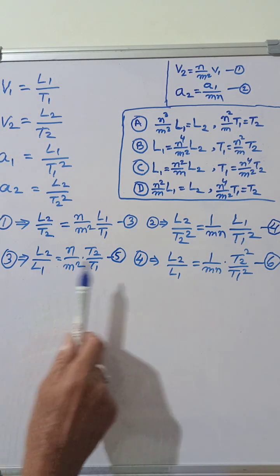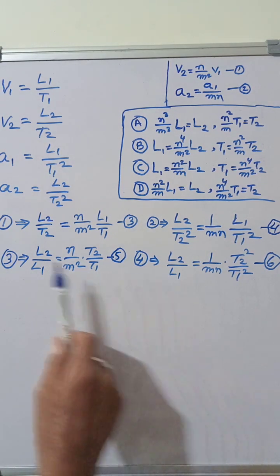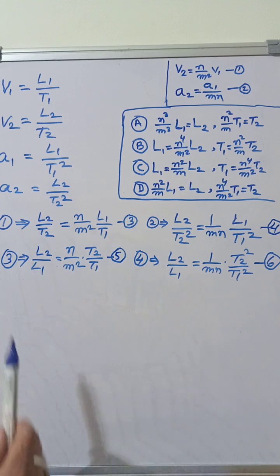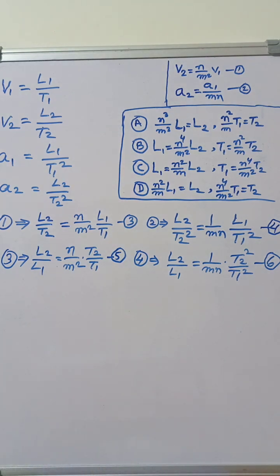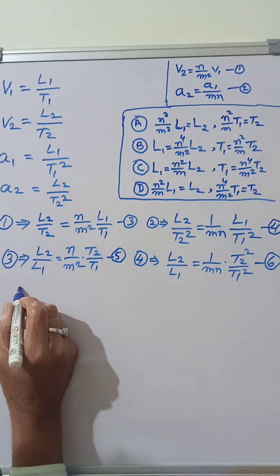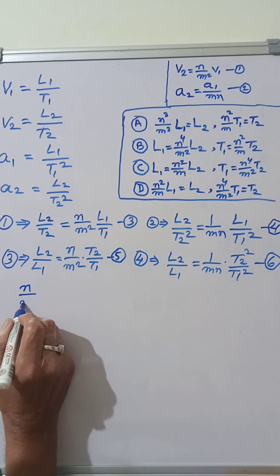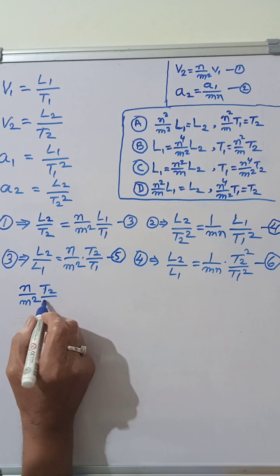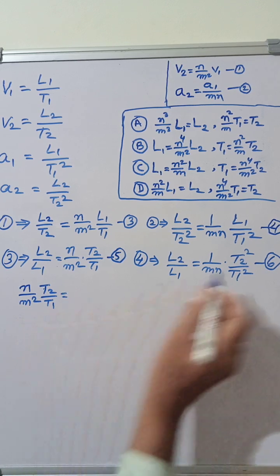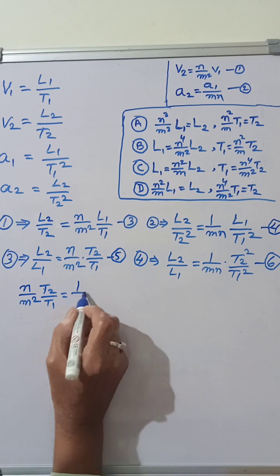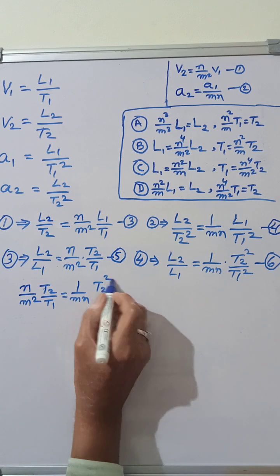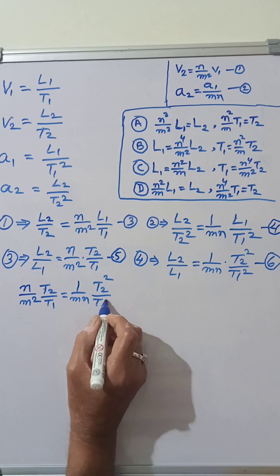LHS of equations 5 and 6 are equal, each equal to L2 by L1. Therefore, we can safely equate the RHS. N by m square T2 by T1 is equal to 1 by Mn T2 square by T1 square.